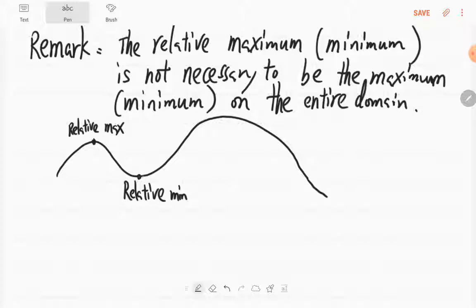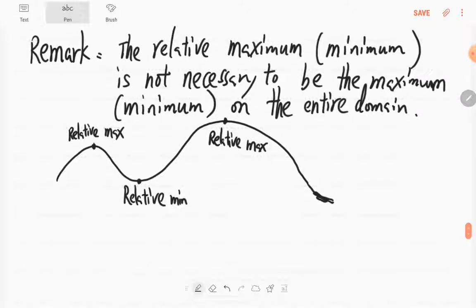But it's not the minimum because this point here is lower than this point, but this point is not the relative minimum because it can go down, right? It will not go up nearby. And here is the relative max. This relative maximum is not the maximum. However, this relative max is the maximum, right? Because it's the highest point for the whole domain. That is just the highest point nearby. So it's called relative.